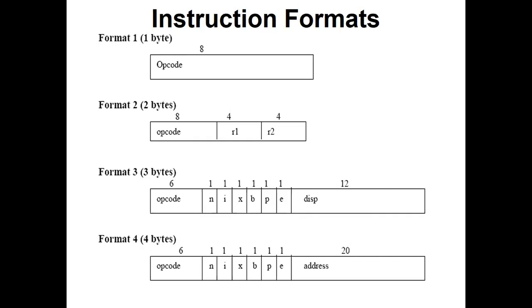But we again said that you can identify whether you have a format 3 or a format 4 by just looking at the size of the instruction. If it is 3 bytes, automatically that is a format 3. If it is 4 bytes, that is automatically a format 4.